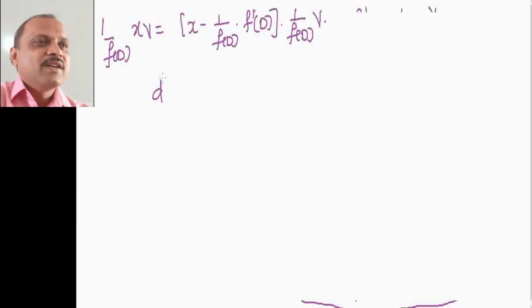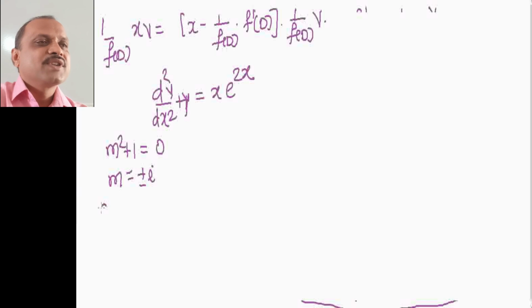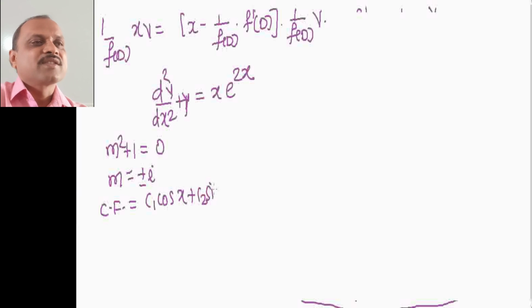Let us consider an example: d²y/dx² plus y equals x into e^(2x). The auxiliary equation is m² plus 1 equals 0, m equals plus or minus i, and the complementary function equals c1 cos x plus c2 sin x.